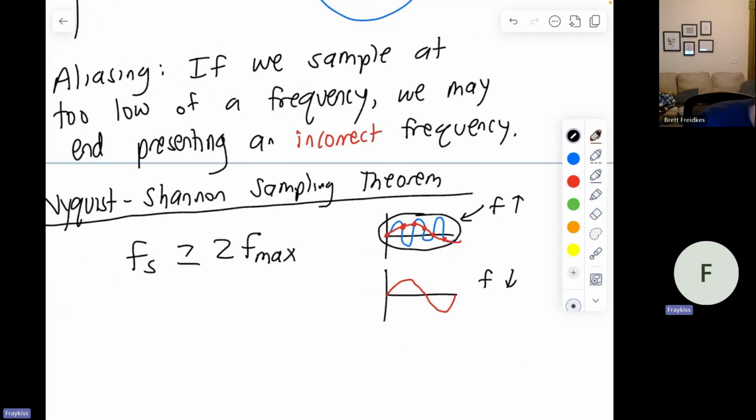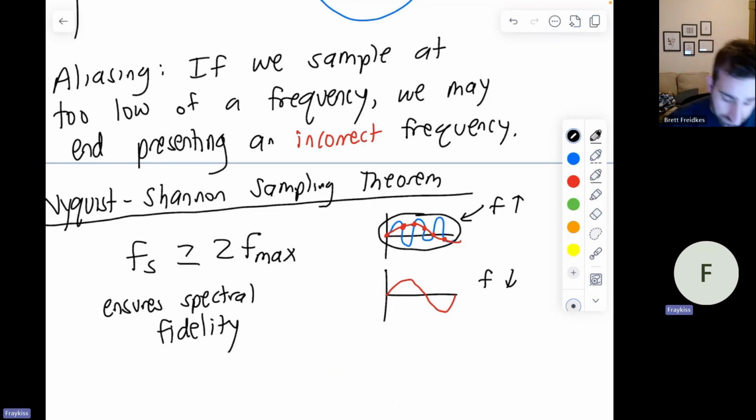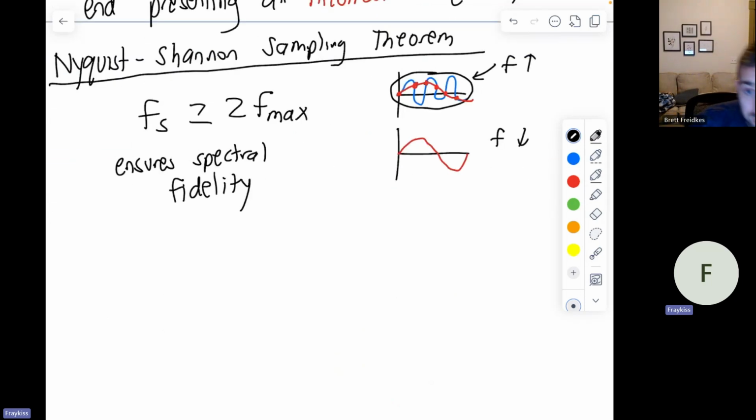So basically doing this is what we say ensures spectral fidelity. Meaning that if I were to do, let's say, a Fourier type of transform on it, we would see that we have a frequency, let's say this blue one is frequency F1, and this red one is frequency F2.